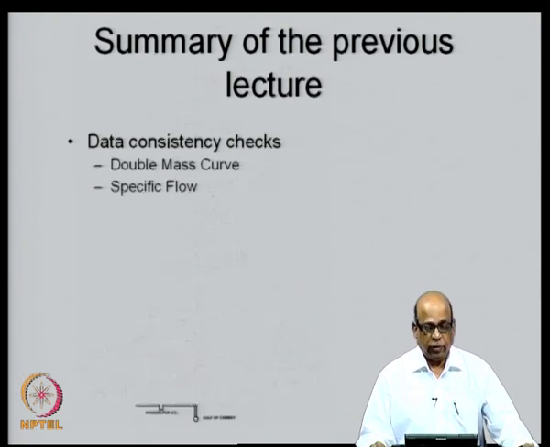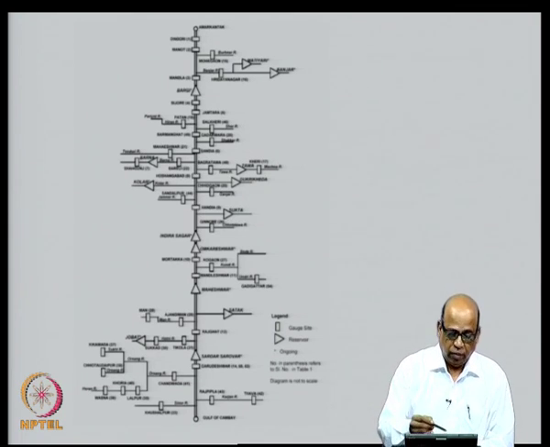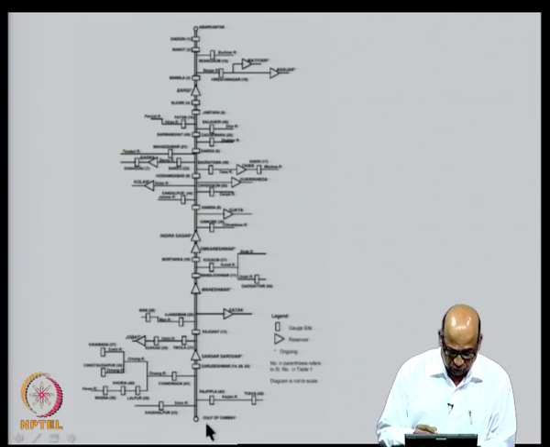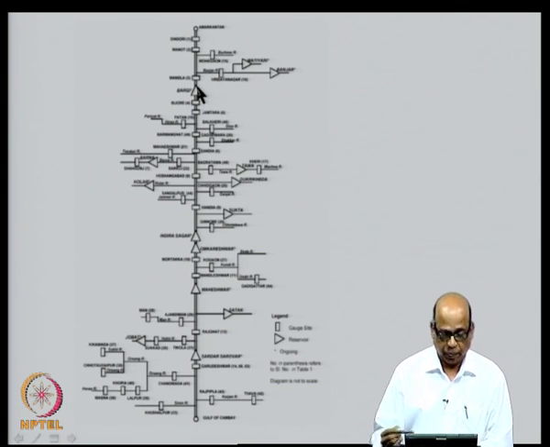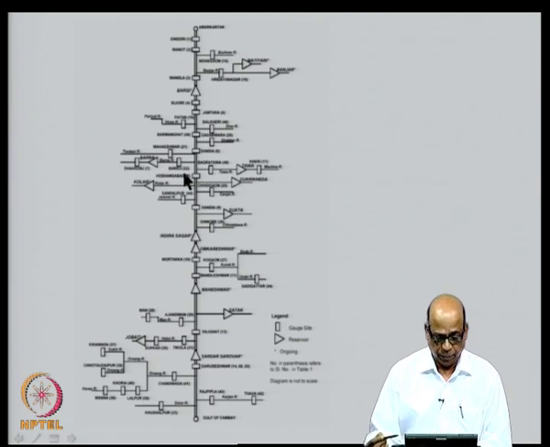We were discussing the particular case study, as I mentioned, this is the Narmada case study, and this is Amarkantak here, and this is the Gulf of Cambay. You have Sardar Sarovar reservoir here, Maheshwar, Omkareshwar, Indira Sagar, and Bargi is here, and there are a large number of other reservoirs on the tributaries.